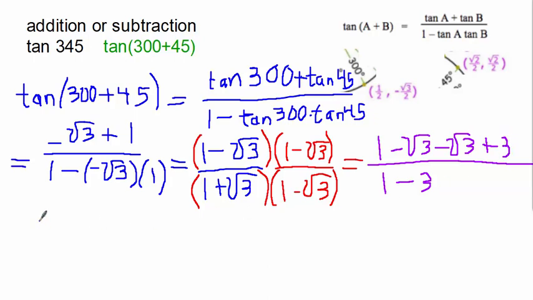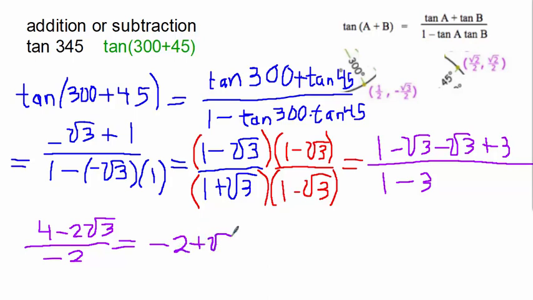Combining like terms, I get 4 minus 2 times the square root of 3 over negative 2. And what I'm going to do is divide both of these terms, not just by 2, but by negative 2, because I don't like negatives in the denominator. And I get negative 2 plus square root of 3. Final answer.